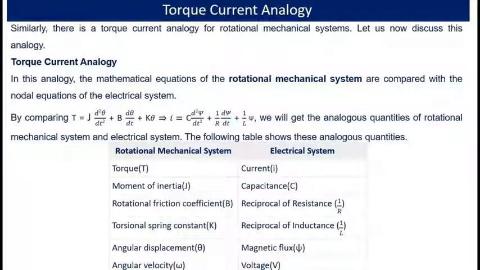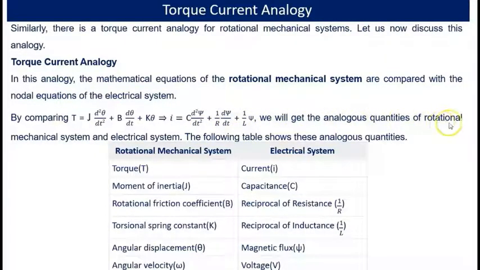Next is torque current analogy. In this analogy, the mathematical equations of the rotational mechanical system are compared with the nodal equations of the electrical system. That is, T is equal to J into d square theta by dt square plus B into d theta by dt plus K theta, and the nodal equation is I is equal to C into d square psi by dt square plus 1 by R d psi by dt plus 1 by L psi.